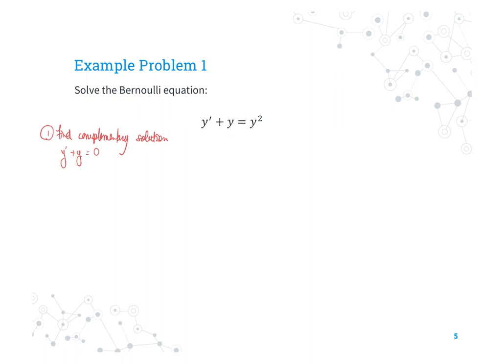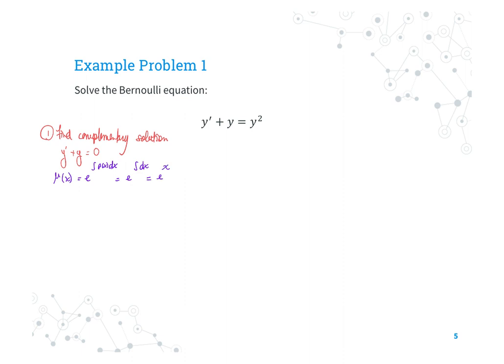So here we can just use the linear integrating factor. With our linear integrating factor, mu of x is going to be e to the integral of p of x dx. Well, in front of y, I only have 1. So we're looking at e to the integral of dx, or just e to the x.